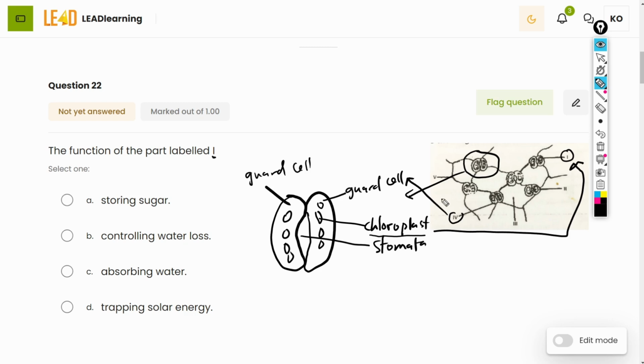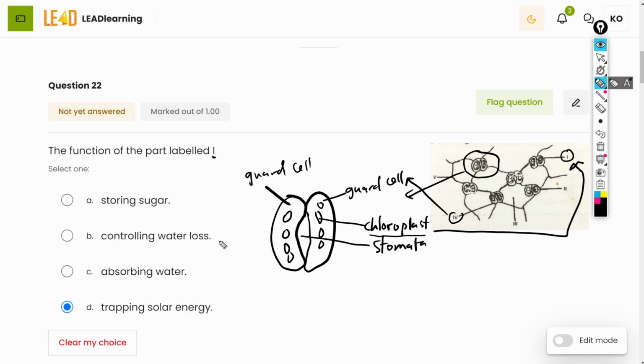And the function of the chloroplast is to absorb or trap solar energy for the purpose of photosynthesis. This means that from our options, the correct answer is option D.